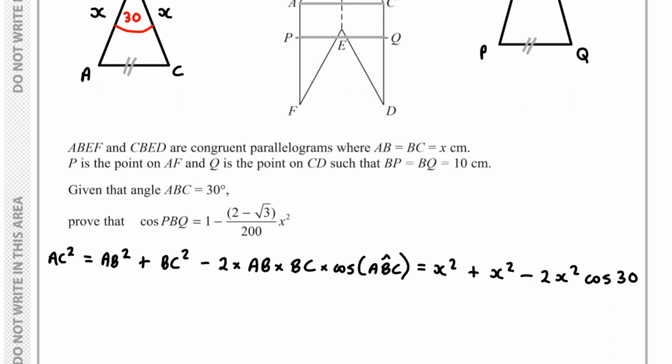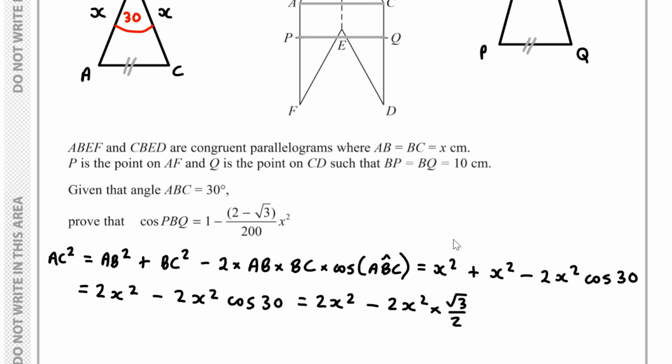So AC squared is equal to 2x squared minus 2x squared times the cosine of 30. Cosine of 30 is root 3 over 2. So I've got 2x squared minus another 2x squared times root 3 over 2. So this and this cancel.